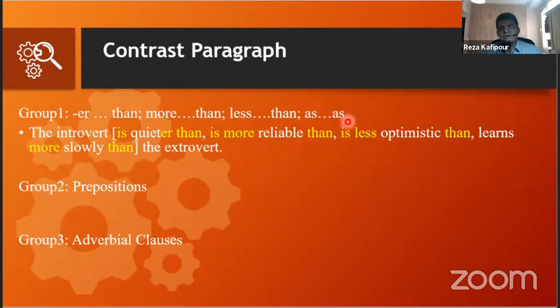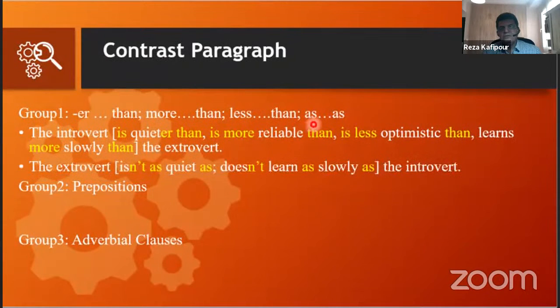But what about as? If you use as in a negative form, it is actually used for contrast, for discussing differences. For example, the extrovert isn't as quiet as the introvert, or the extrovert doesn't learn as slowly as the introvert. As you see, between as, we should use an adjective or adverb based on the structure. If you are using to be, between as we use an adjective.